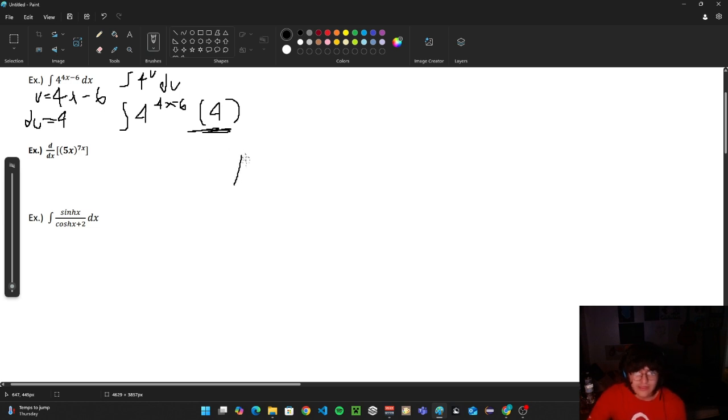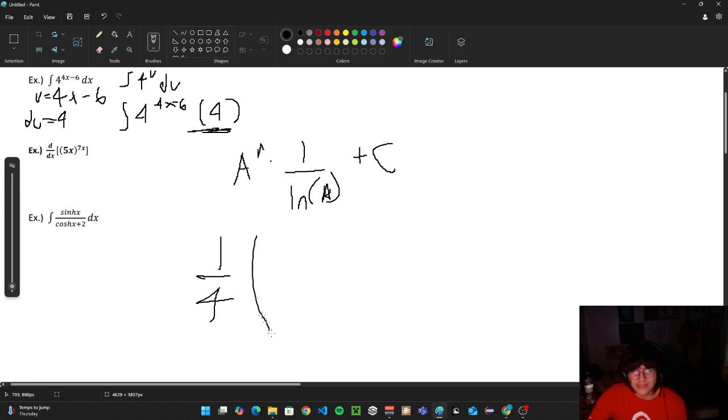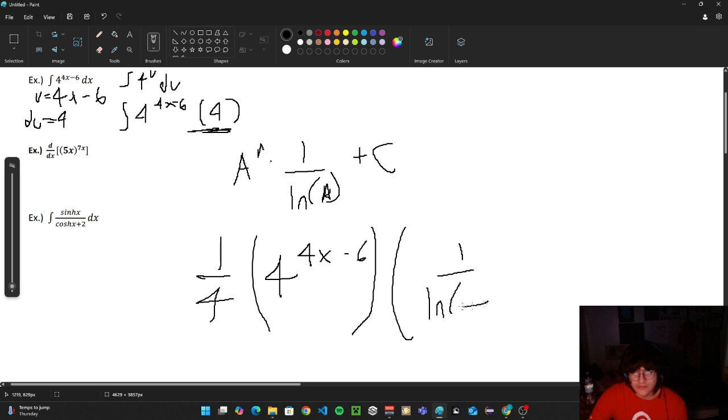That would be a to the power of u times 1 over the natural log of a, plus c. So it would be 1/4 to get rid of that 4, times 4 to the power of 4x minus 6 times 1 over the natural log of 4, plus c.